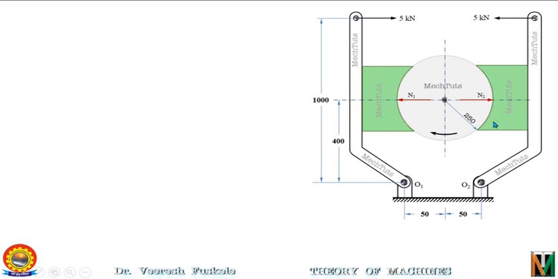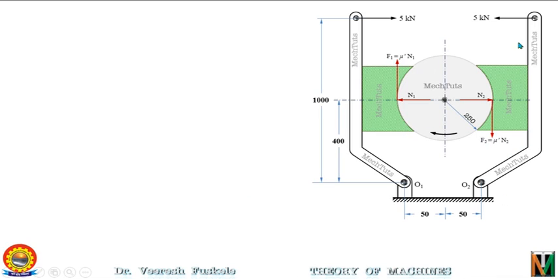As the drum is rotating clockwise, the force of friction on the left hand side block will be in the upward direction as discussed earlier, and that will be F1, that is nothing but mu N1. And similarly, as the direction of rotation of the drum is clockwise, the force of friction on the block on the right side will be in the downward direction as discussed earlier. So F2 will be equal to mu N2. So these are the forces.